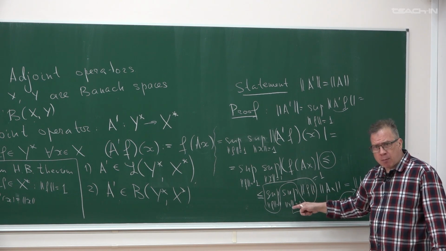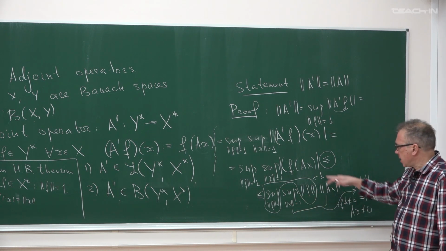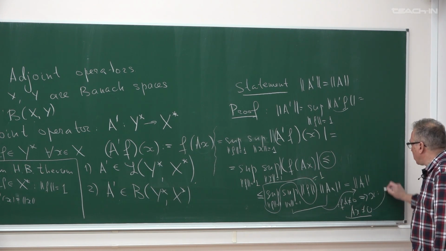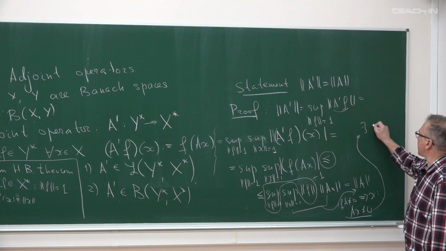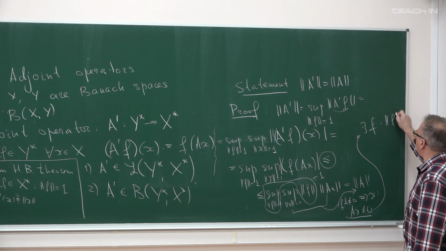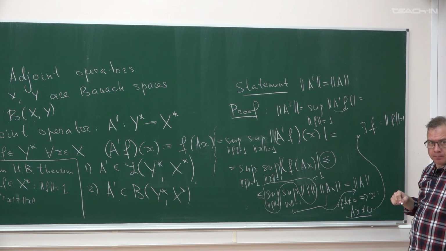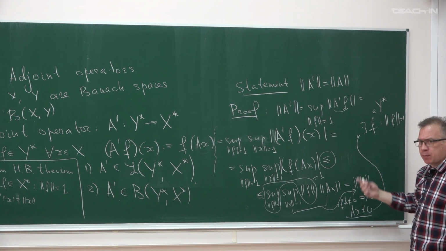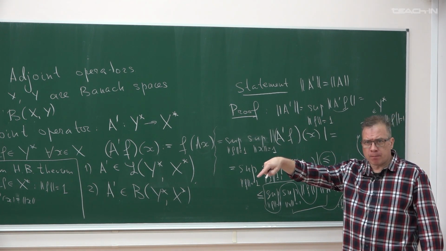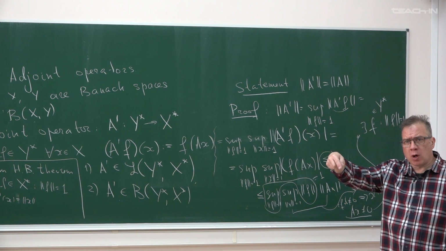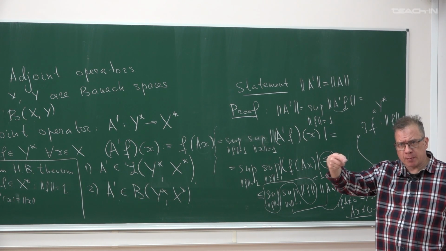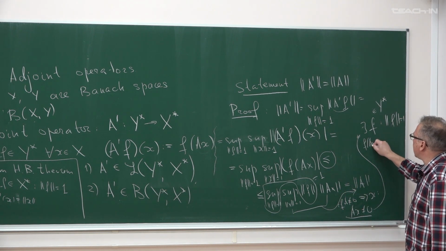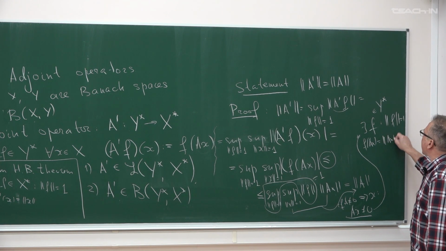Moreover, we take the supremum over elements Ax. And what can we say about this? For this element, there exists a functional with the norm 1, and this functional is from the dual of Y, Y star, because Ax belongs to Y, such that f on Ax gives the norm of Ax.